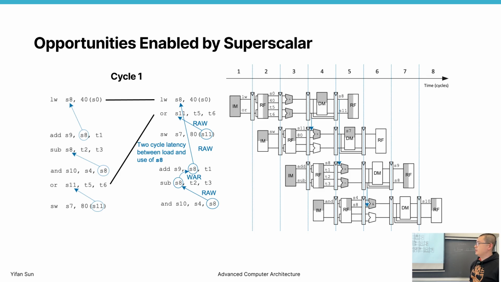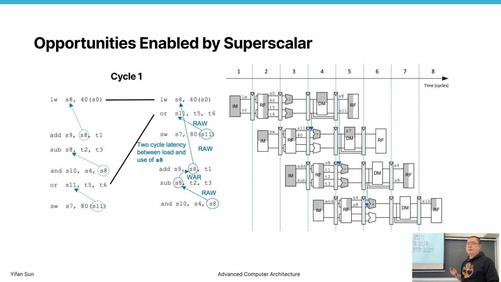Now remember at the beginning we said this load has an S8 and this AND also needs an S8. So there's a read after write dependency. And because it's rooted from a load instruction, we cannot immediately execute this one in the next cycle.